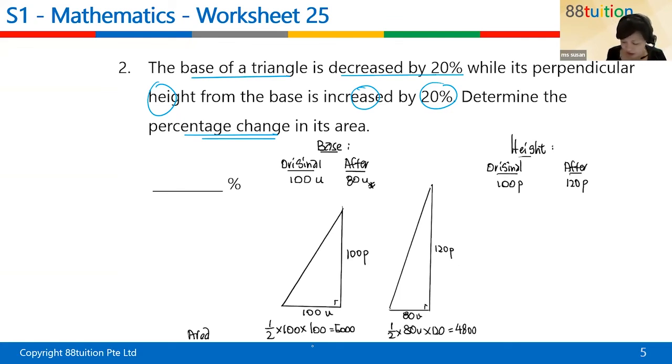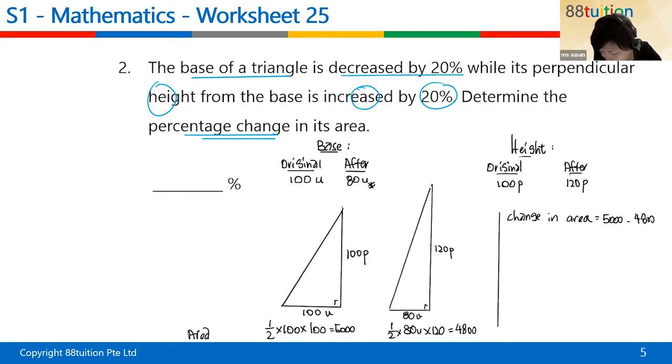So now, what is the change? The change now is a decrease. Change in area. 80 by 120 is 4,800. Change in area is 5,000 minus 4,800, that gives you 200.